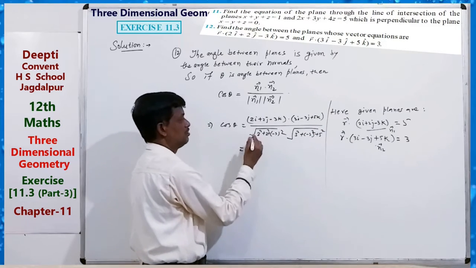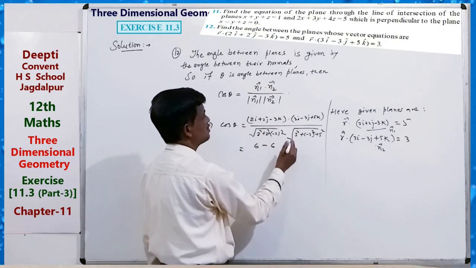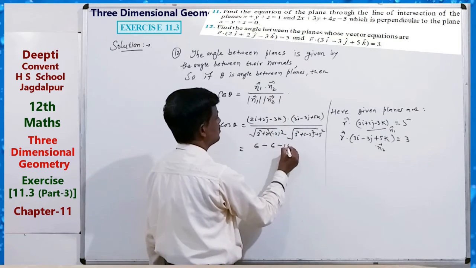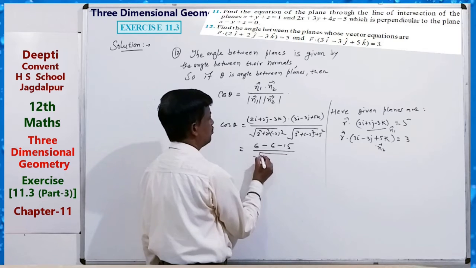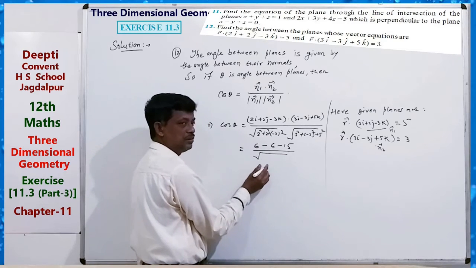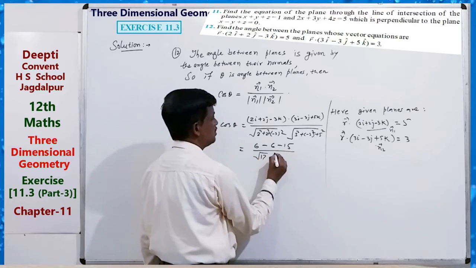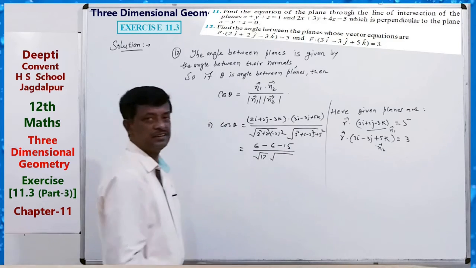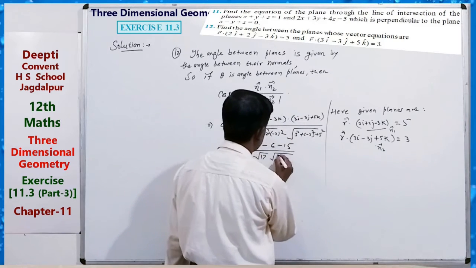Just solve it. 6 minus 6 minus 15 upon what? 4 plus 4 is 8, 8 plus 9 is 17, and here 9 plus 9 is 18, 18 plus 25 is 43.